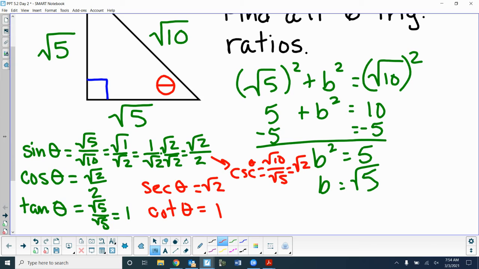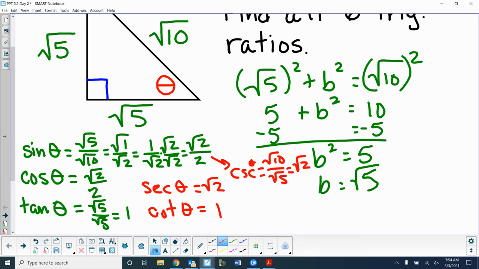So the cotangent would be the square root of 33 over 4. So the missing side is the square root of 33. Square root of 49 minus 16 gets you 33 when you do Pythagorean.